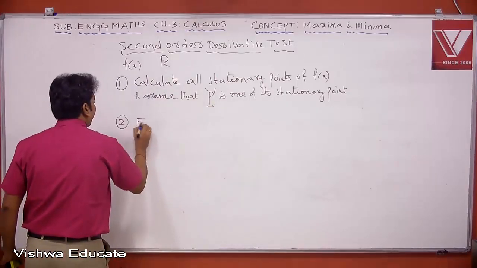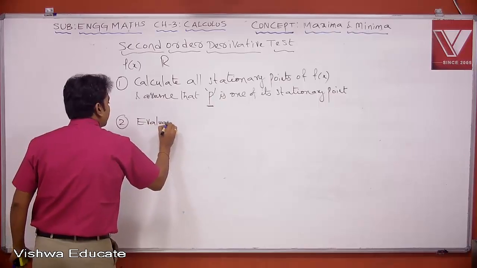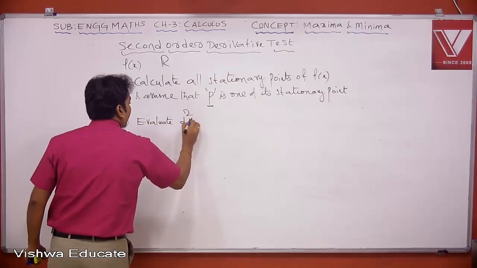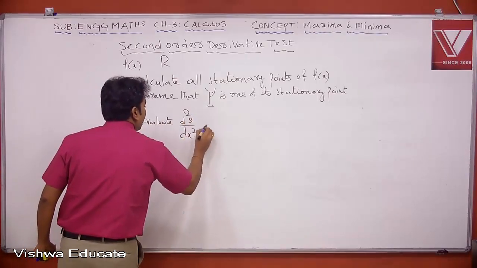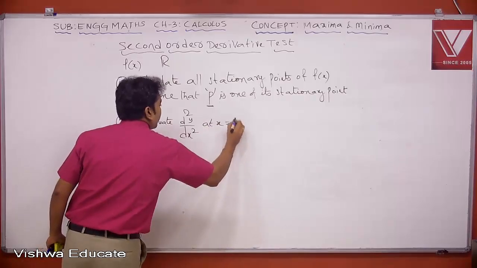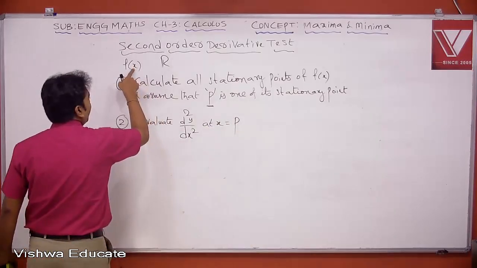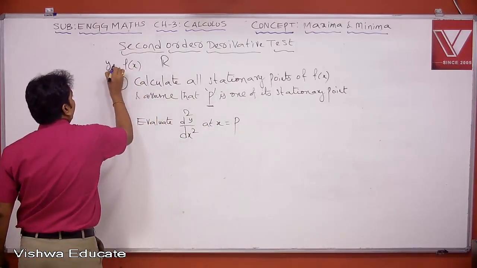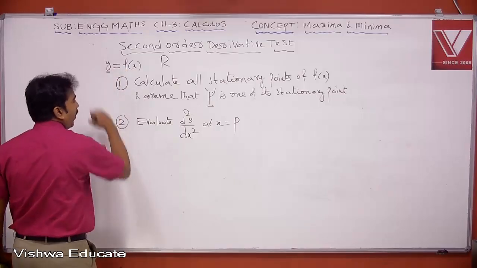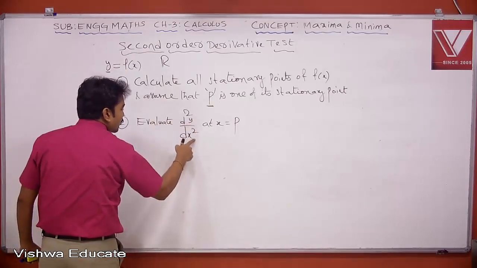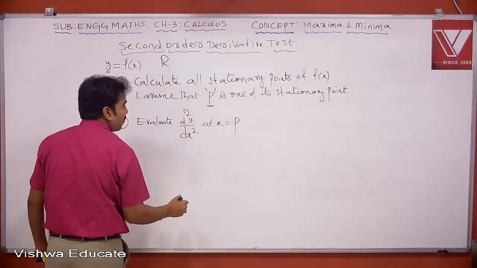Step 2 is evaluate d square y by dx square at x equal to p. Actually function is f of x, so generally function values we store in the variable y. So evaluate d square y by dx square at x equal to p.